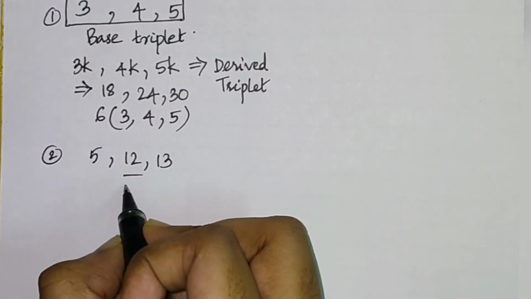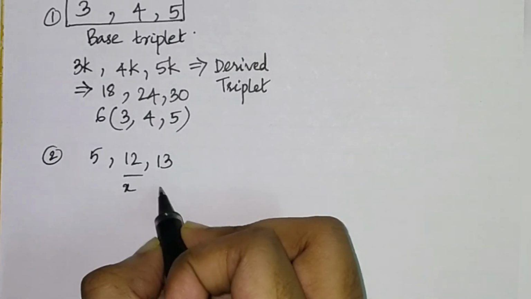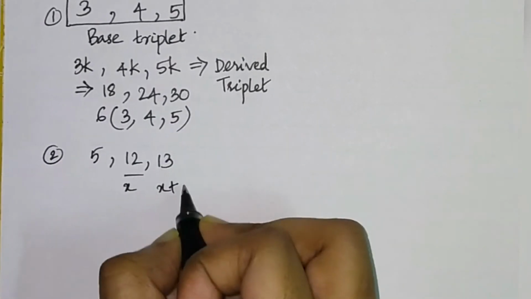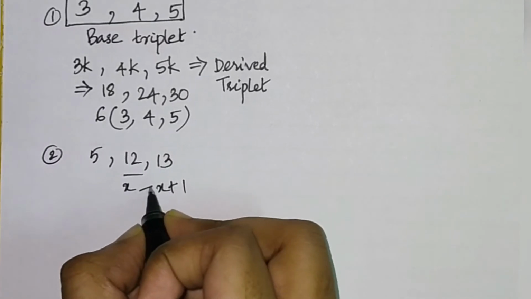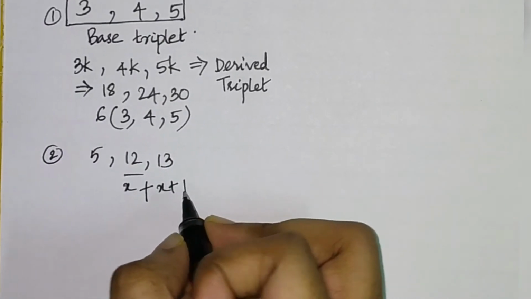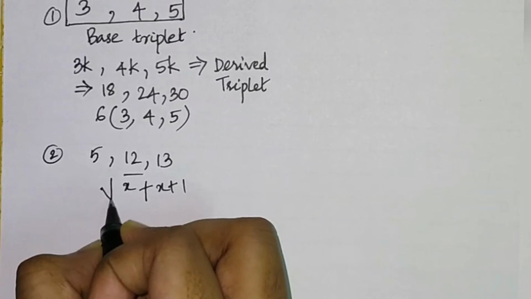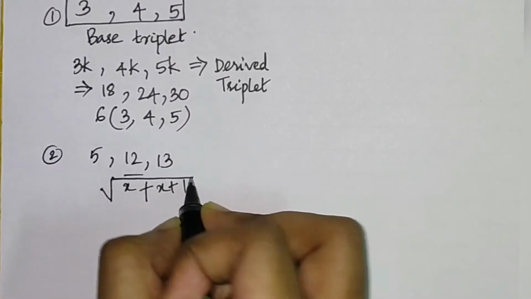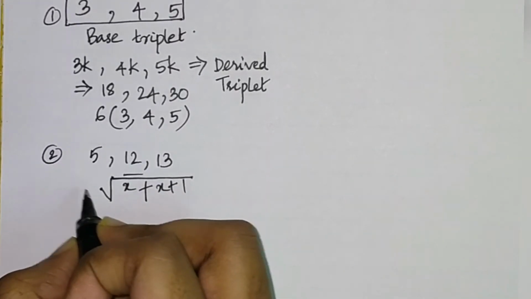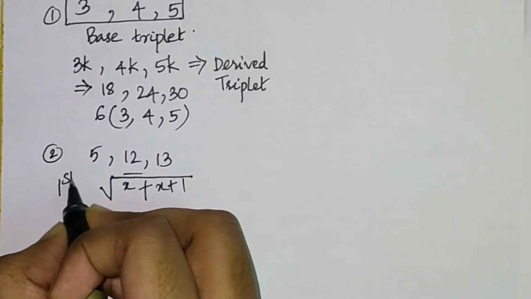So you can take the second number as x and the next number as x plus 1 and just add them. And if you take the square root of that, you will get the first number.